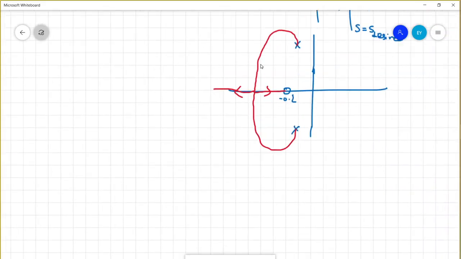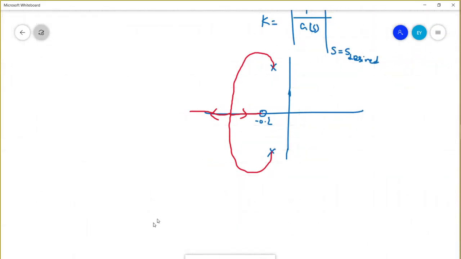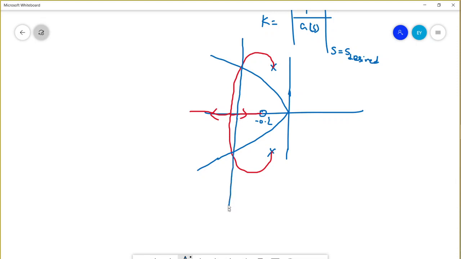So what we'll do, we'll represent all these things here. This is for the percentage overshoot, and here is omega d.